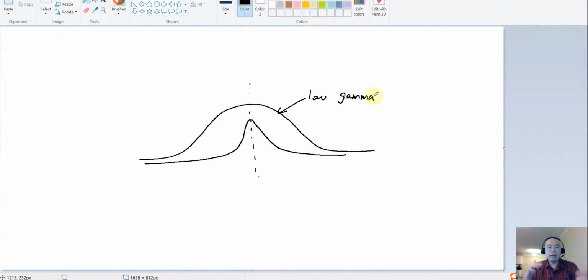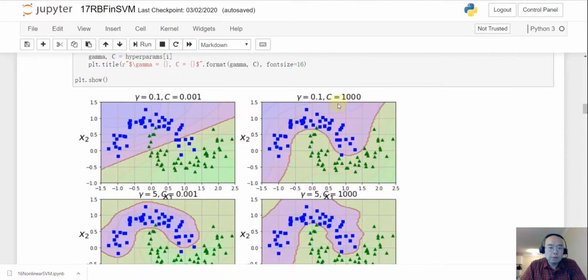So we are having a very fat Gaussian curve, and then no matter whether our sample is here, or here, or here, the distances between those samples and the low gamma Gaussian curve are not that differentiable. That's a problem. Okay, it should be sample 3 in this case. So remember, for both low gamma and low C, we end up with an underfit model.